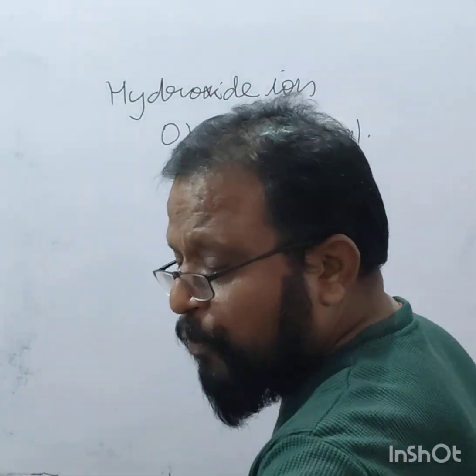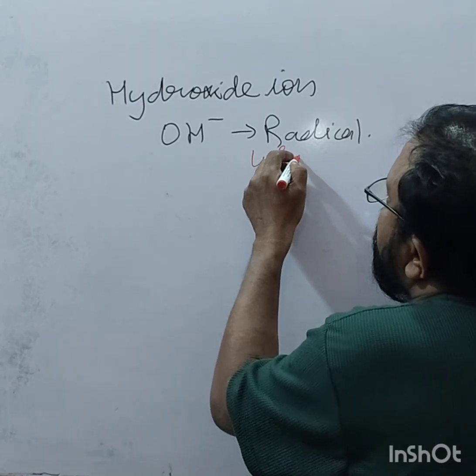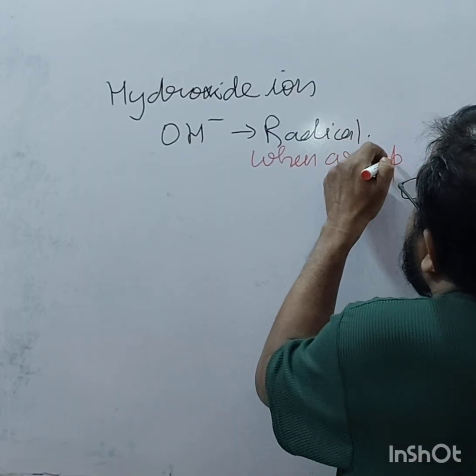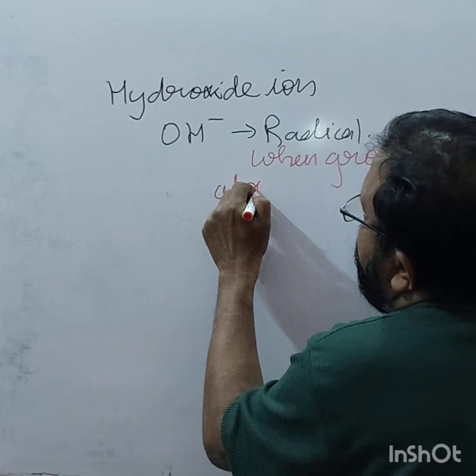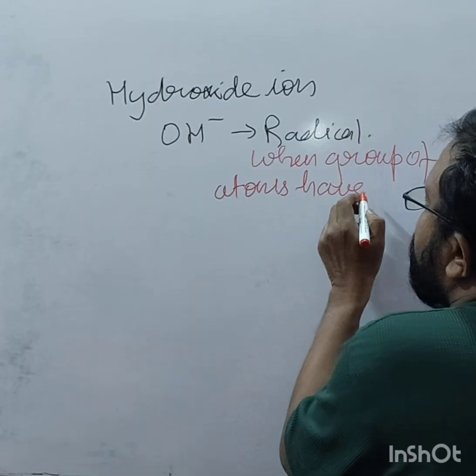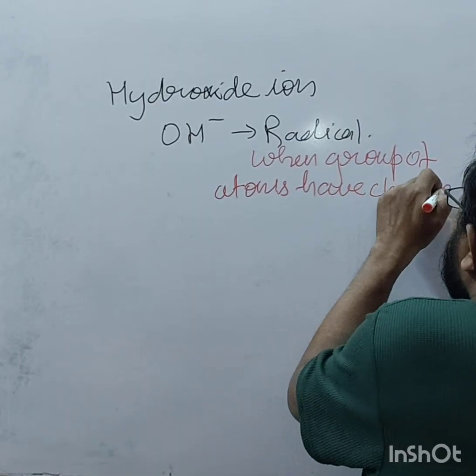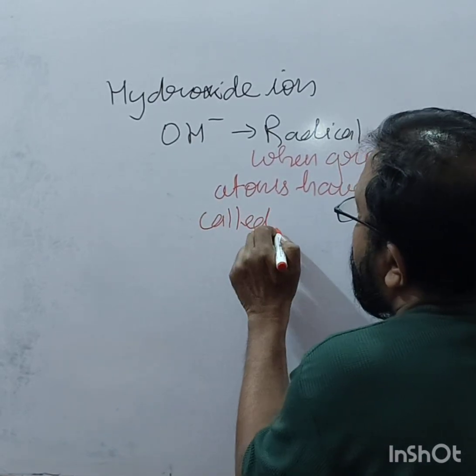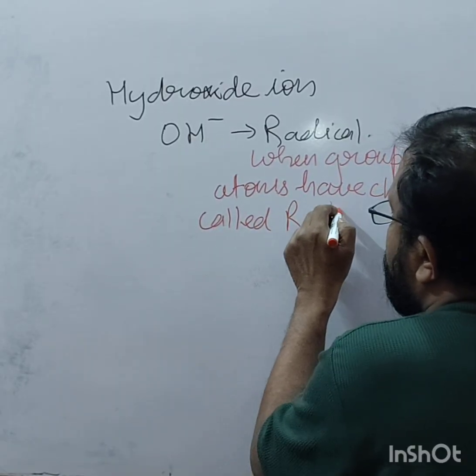When a group of atoms has a charge, it is called a radical, right?